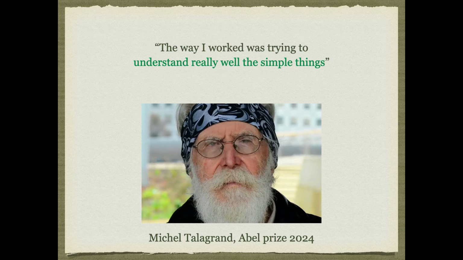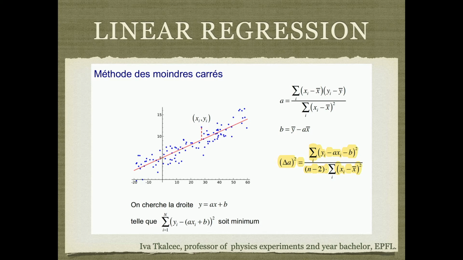And I loved that in one of the interviews, he said that the way he worked was trying to understand really well the simple things. And for me, that is the essence of science. Unless we understand really well the simple things, how can we hope to understand the complicated things? And so I bring you back to linear regression.